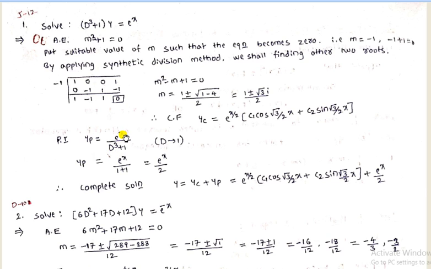Here the coefficient of x is 1, so replace D by 1. So 1 plus 1 is 2. The denominator is not equal to 0, so e raised to x by 2 becomes the particular integral. Now the complete solution: you have to add the results of yc and yp, which gives the complete solution.